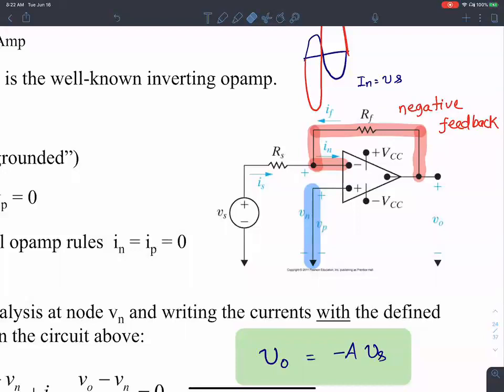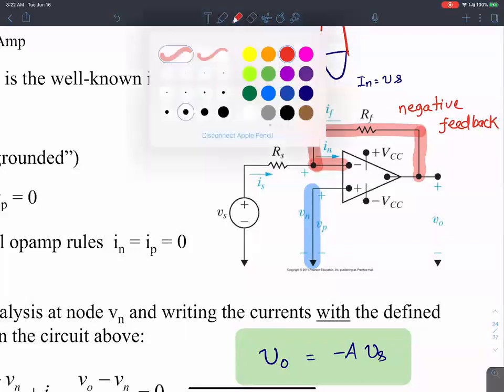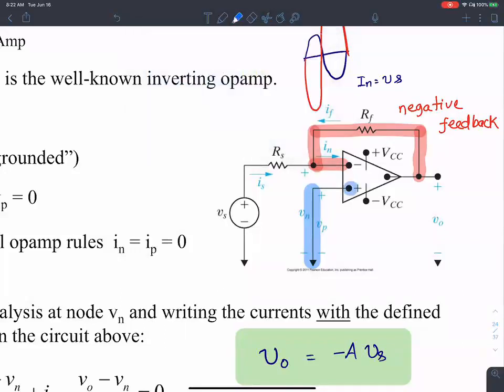Okay, so let's try to understand the topology of the inverting amplifier here. First of all, the positive terminal is tied to ground, and the input is applied to the negative terminal.